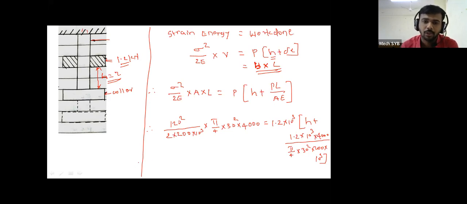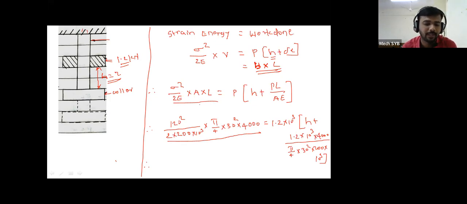Now do the calculation of the terms which are present at the left side. Calculate the complete terms and tell me the answer: 120 square divided by 2 into 200 into 10 raised to 3 into pi by 4 into 30 square into 4000. What is the total answer of the terms present at the left side?